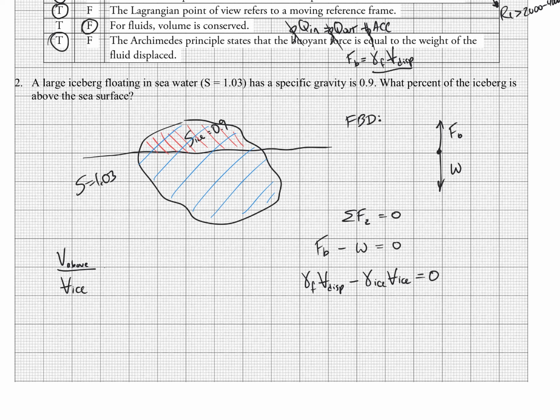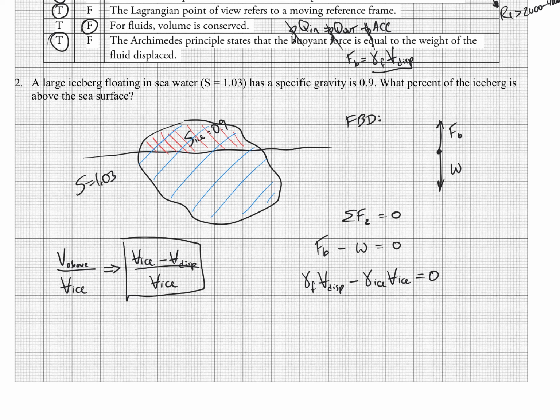That really means what I want is V ice, the total ice, minus the V below, because if I take the total ice and remove that which is below, which we call the volume displaced, divided by the volume of the ice.